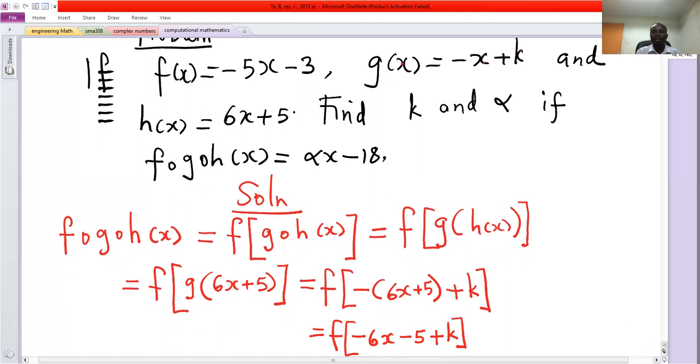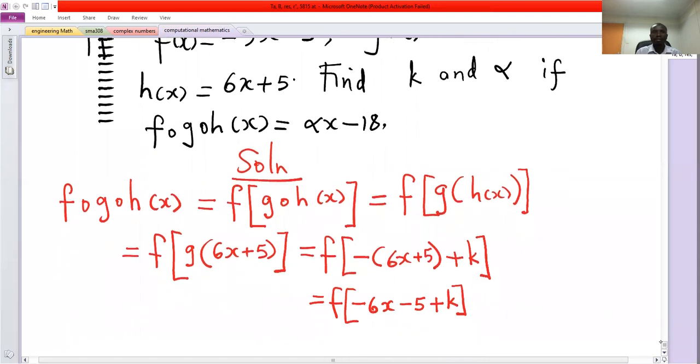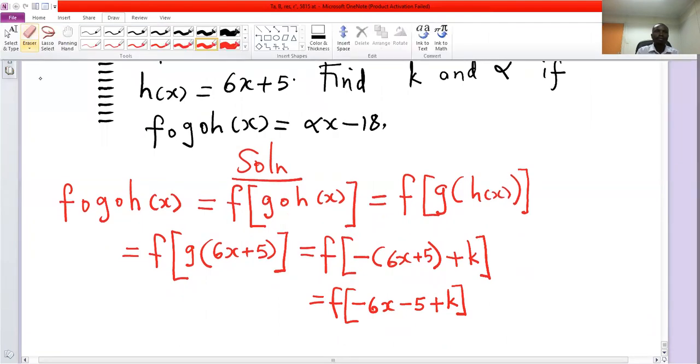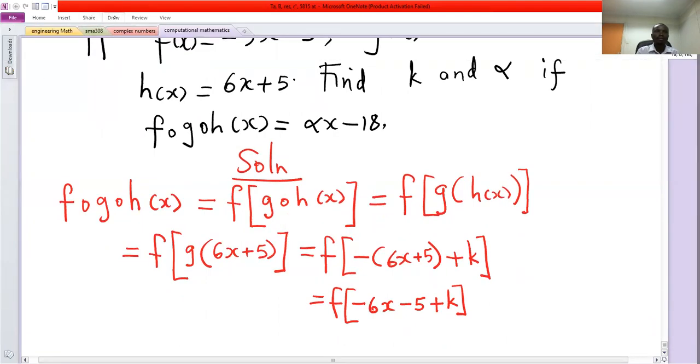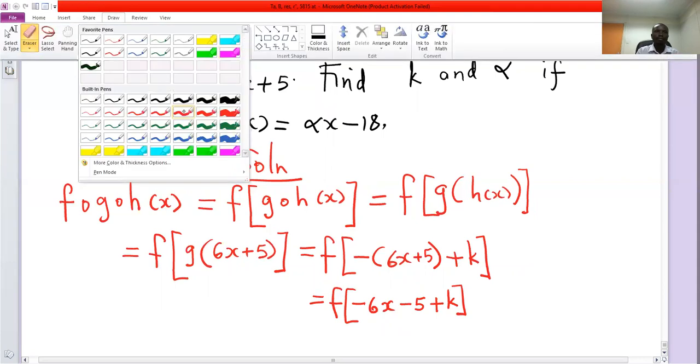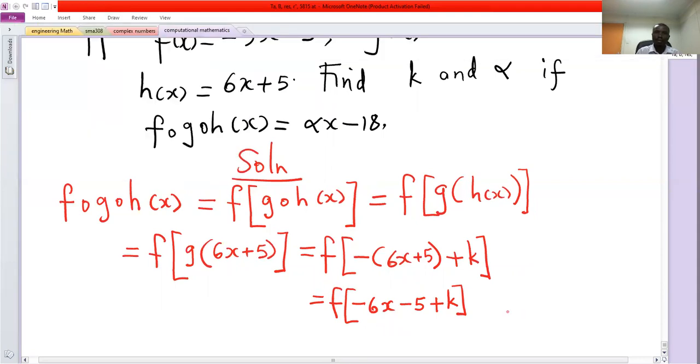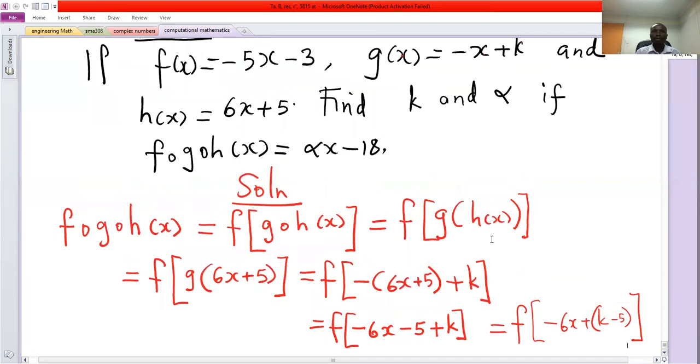Because k is a constant, you can write this in a nicer form as f of minus 6x plus k minus 5. Now we ask ourselves, how does the f function operate?